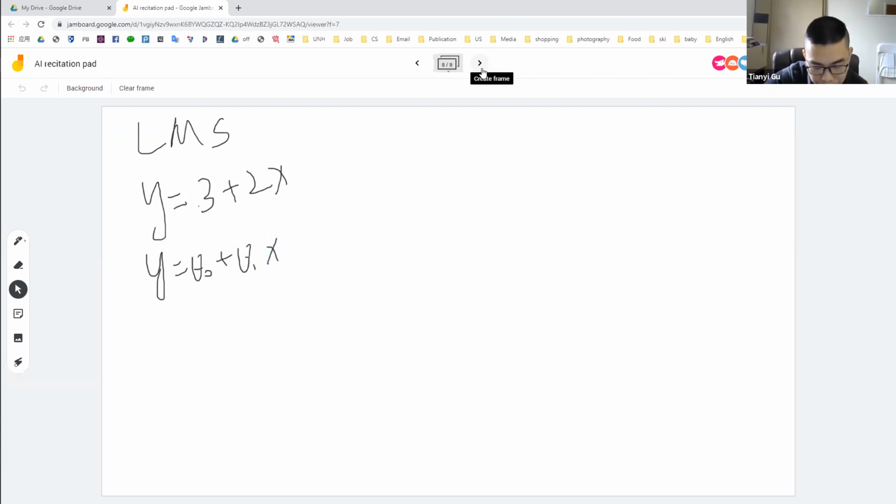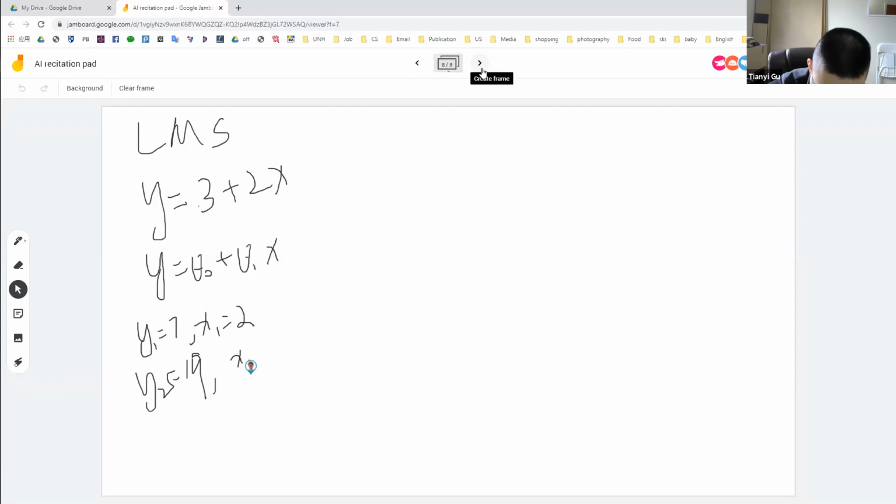Say we have a bunch of data. We have y1 equals 7, x1 equals 2 as one input data, y2 equals 19, x2 equals 8.